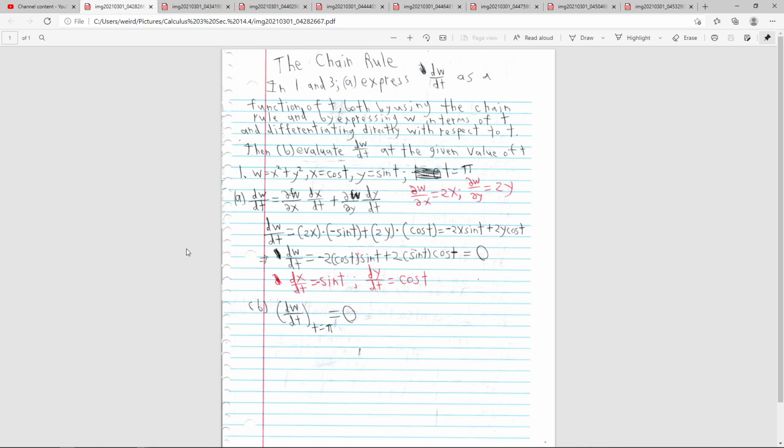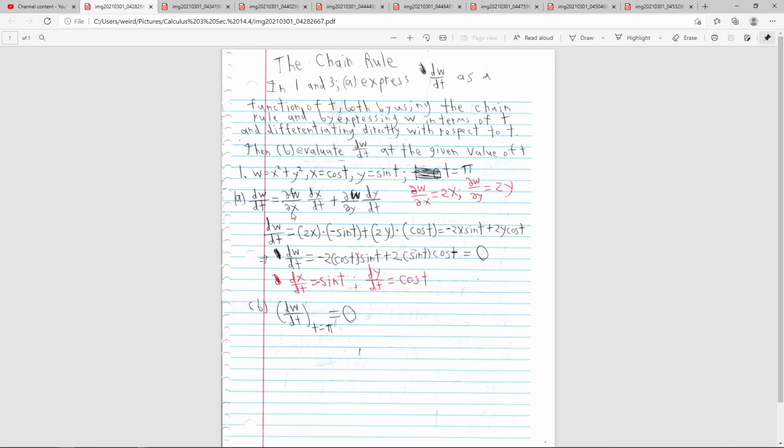In this first one, it's actually pretty easy. You have x squared plus y squared as our function w. x equals cosine t, y equals sine t, and t equals pi is what we have to evaluate it at in the end.